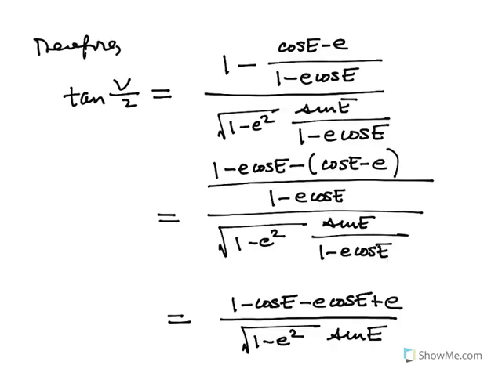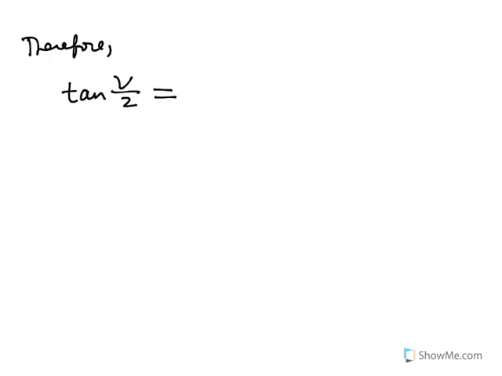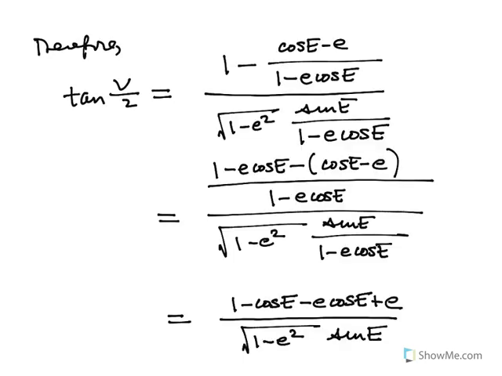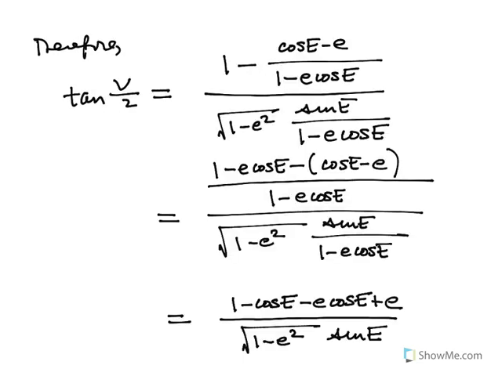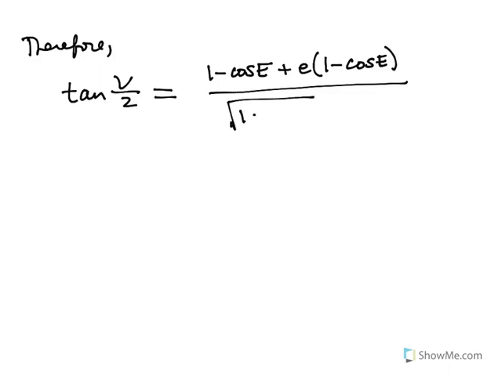So now, this tangent of nu over 2 then becomes, well, if you look here, you've got 1 minus cosine e, and then the second term, you can factor out an e, and you've got plus e, again, times 1 minus the cosine of e, all divided by the square root of 1 minus e squared times the sine of e, which simplifies to the following result.